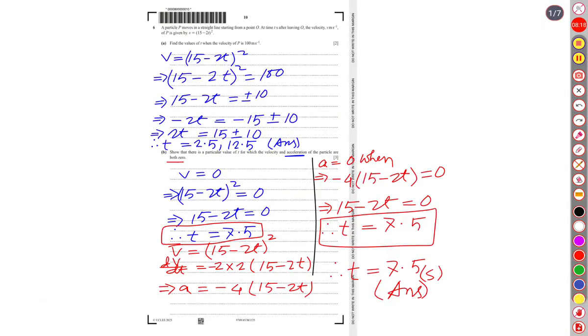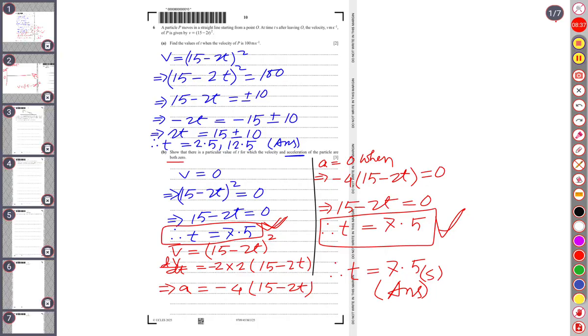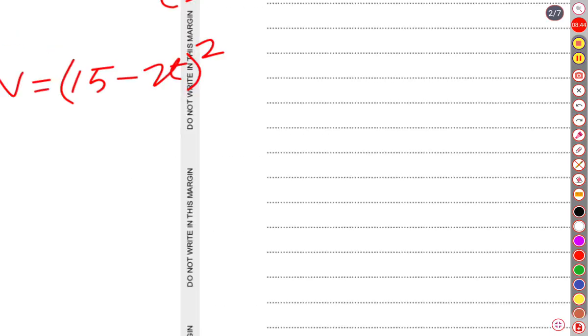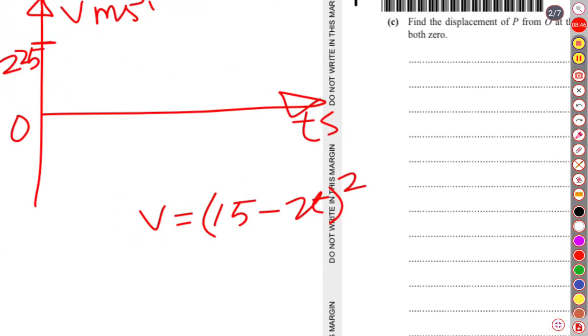We have already learned from the previous question. Look at this. When t was 7.5, the stationary point, I mean acceleration was 0. At the same time velocity was also 0. So we will have to write that 7.5 over here.